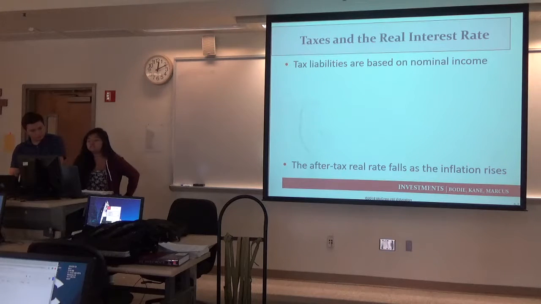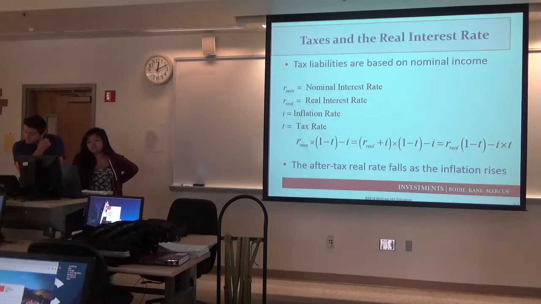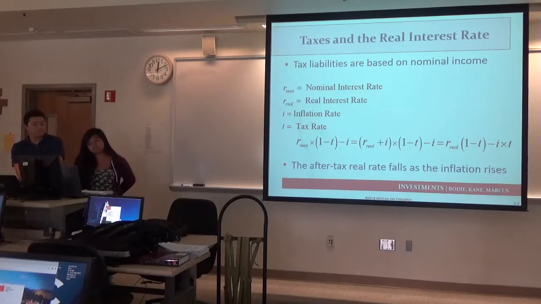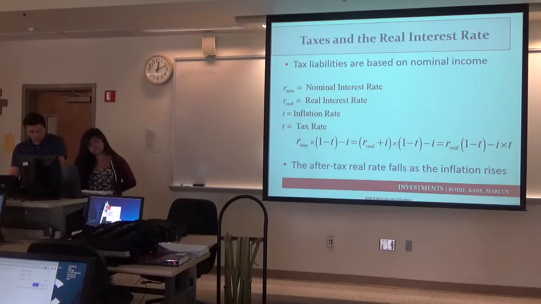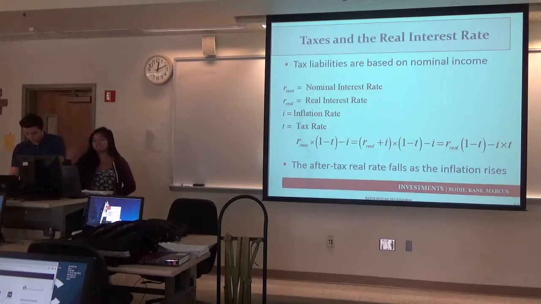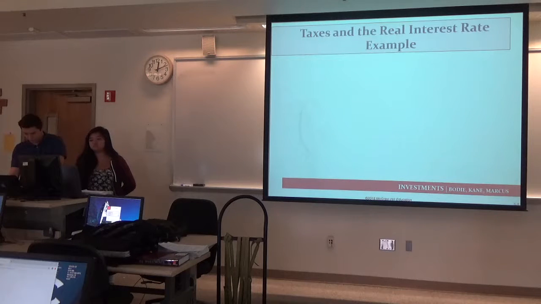So for taxes and the real interest rate, tax liabilities are based on nominal income. This is an equation: the nominal interest rate times 1 minus the tax rate, minus the inflation rate, which is equal to the real interest rate plus the inflation rate times 1 minus the tax rate, minus the inflation rate. And so the after-tax rate falls as the inflation rises.